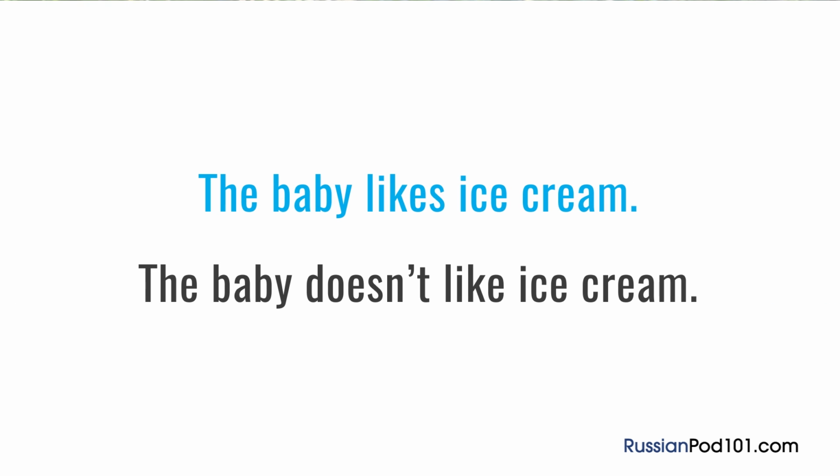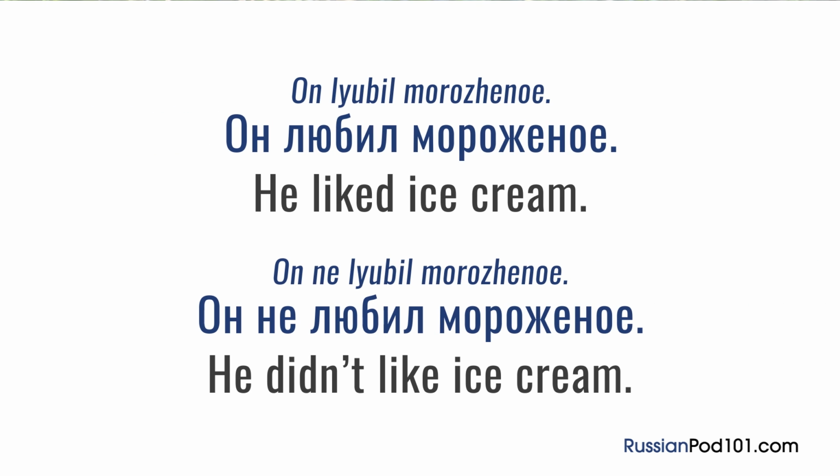And the baby likes ice cream becomes the baby doesn't like ice cream, and so on. In Russian, all you need to do is use one and the same word не, which can be translated into English as not. This word не can be placed in front of any word in the sentence, and that alone will make the sentence negative.